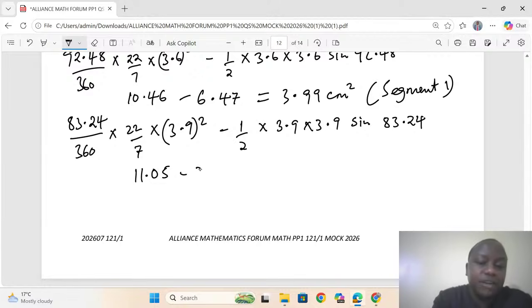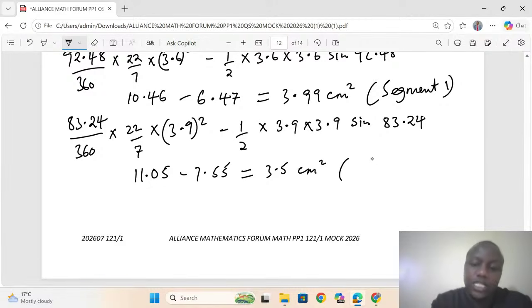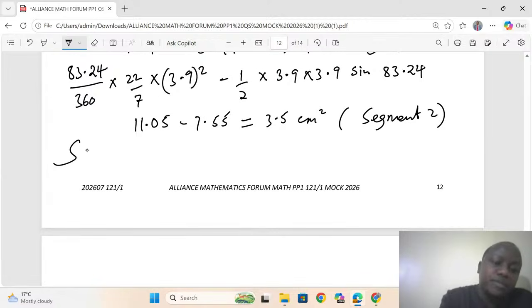I'm getting 7.55. This is equivalent to 11.05. When I subtract 7.55, I'm getting 3.5. So this is segment 2.